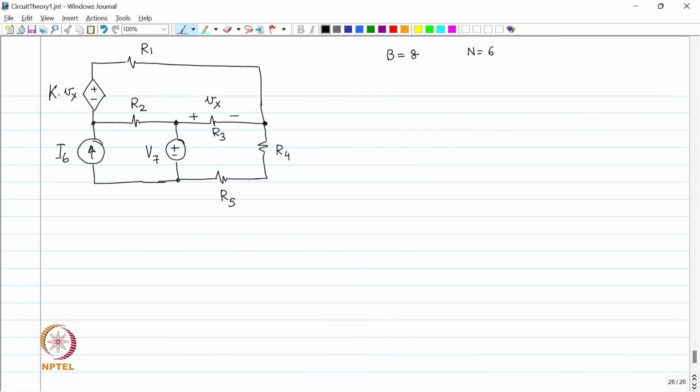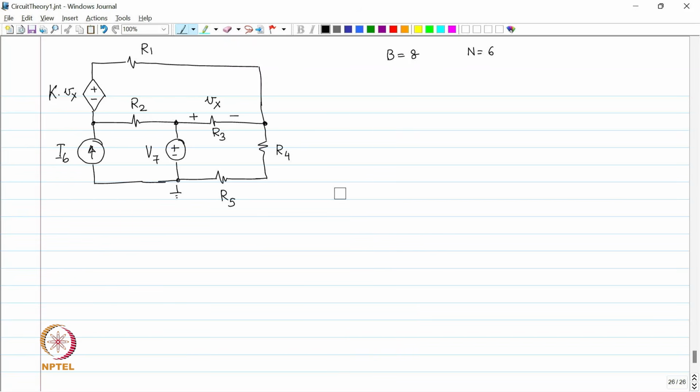is that right? So, I have ground, node 1, node 2, node 3, node 4 and node 5. Okay. Yeah, because sometimes counting the nodes becomes difficult.